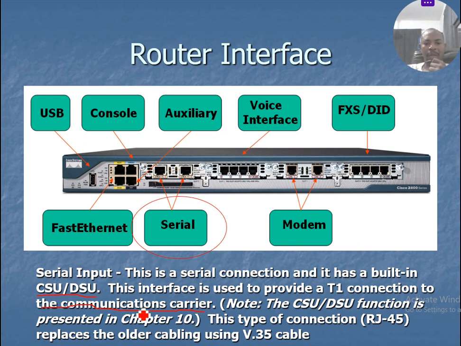Okay, so what does that mean? This type of connection normally uses the RJ45, and the RJ45 cable has replaced the previous cable that we used, which is the V35 cable. So this is an inbuilt CSU/DSU, and the interface is used to provide a T1 connection to the communication carrier. That's what this is used for.